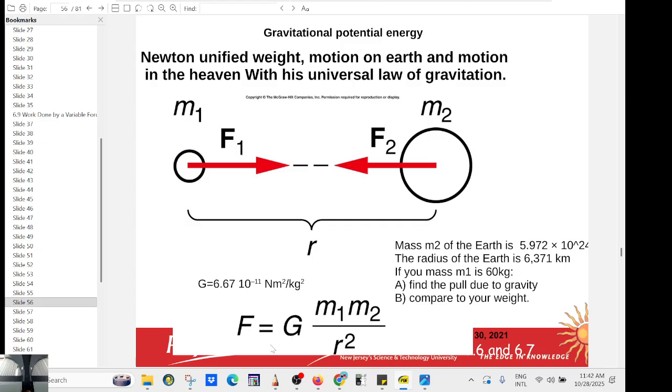So before I get to that, you see the force here, so it's proportional to the product of the masses, inversely proportional to the distance square between the masses. So it could be the Earth and the Moon, or the Sun and the Earth, or Mars and its moon. Anything with masses, they attract each other.